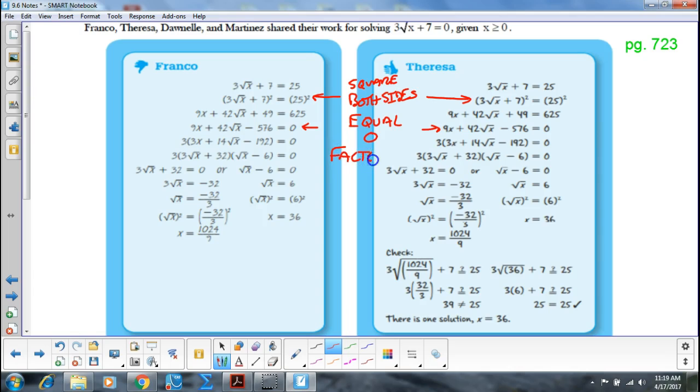And then how did they end up solving this problem? Set the factors equal to 0, and then solved it, right? Okay.